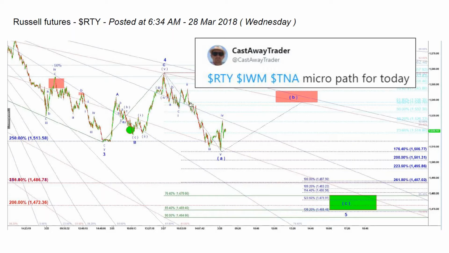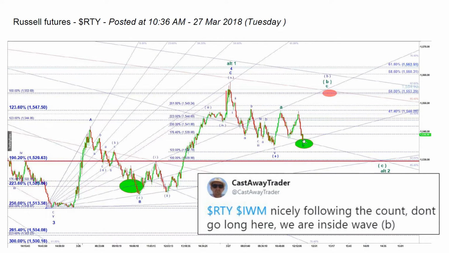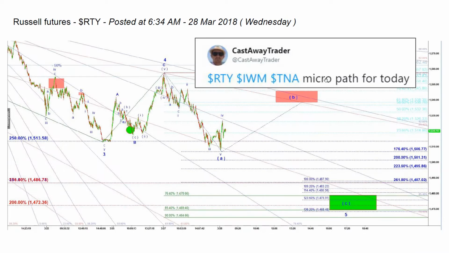As you can see here, last time we expected the very last segment in the subwave C of wave parenthesis B up. And in fact, we have not got it. The last chart was updated somewhere here, and I thought it would get a little bit higher than that, but it did not. It just broke down, and we got a really fast and furious decline, and it could not be anything else than the wave 3.